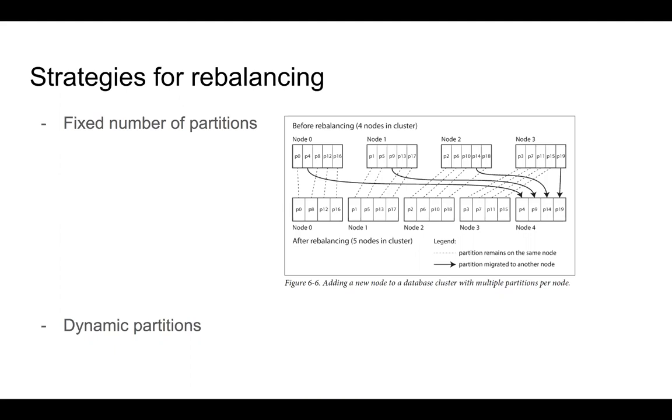One more thing we can discuss here is the point you mentioned before, that when we are rebalancing, we have to keep on serving the live traffic. So how is the rebalancing done so that we are not interrupting the live traffic? Once the partition is moved, or in dynamic partition, when the partition is split, the data for the split part will be moved to some other node in the cluster.